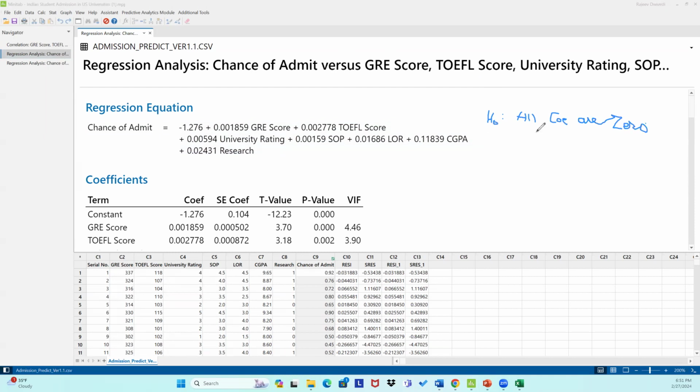The alternative says otherwise: at least one is not 0. So we can check our model one by one. This is the null and alternative. I cannot scroll, okay, here.